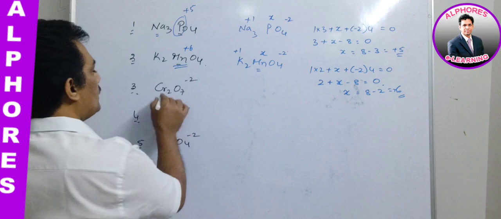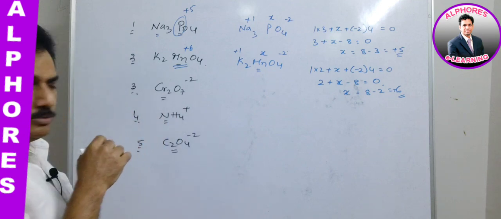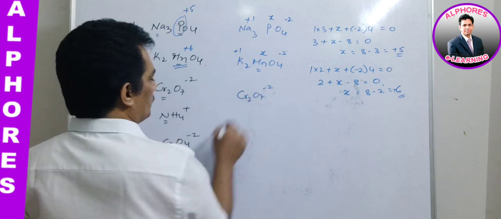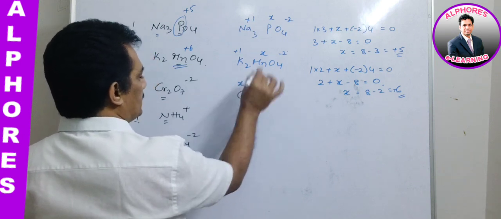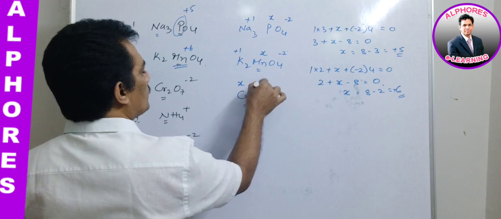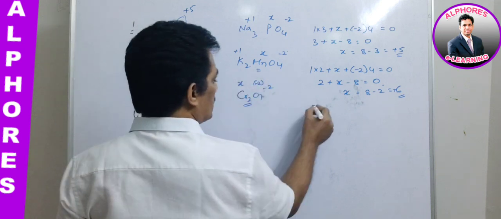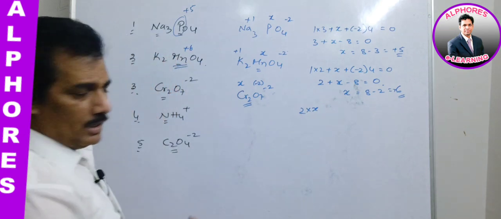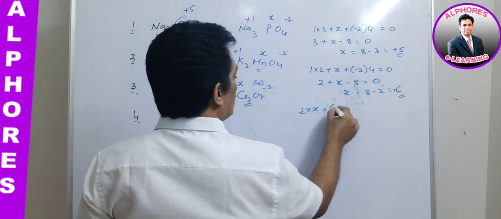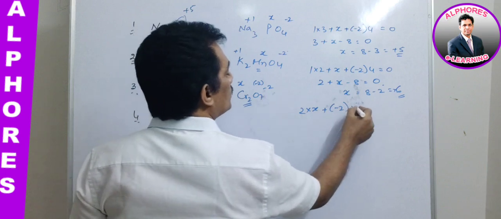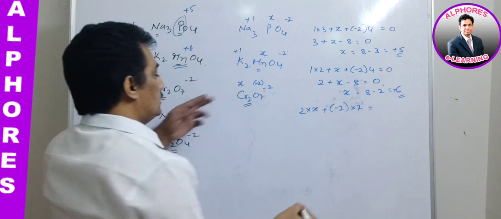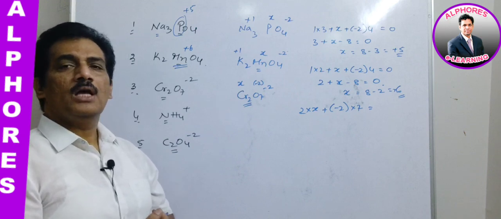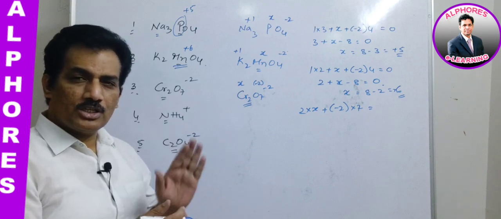Now coming to this, it is a charged species. Here it is given as Cr2O7 2-. Cr is unknown, X, and oxygen is -2. How many X? 2 atoms present, and hence 2 into X plus -2 into 7 is equal to the charge, because in polyatomic ions the sum of oxidation states of all the atoms is equal to its charge.